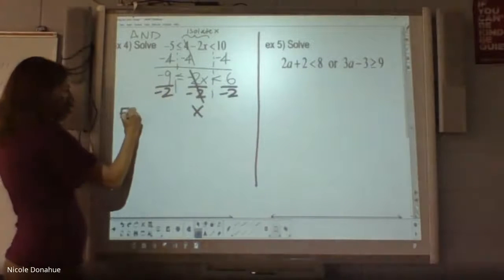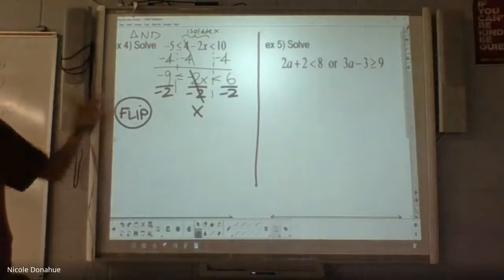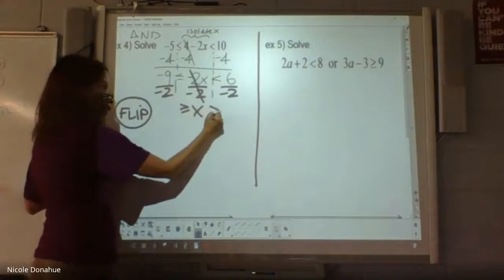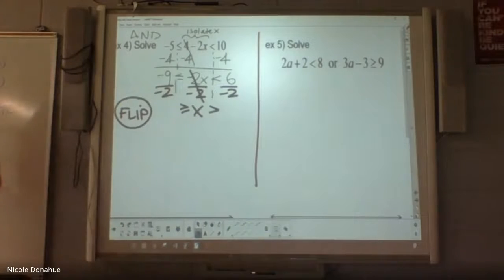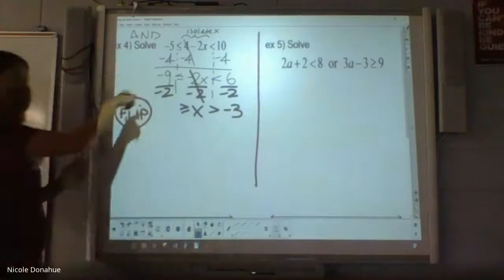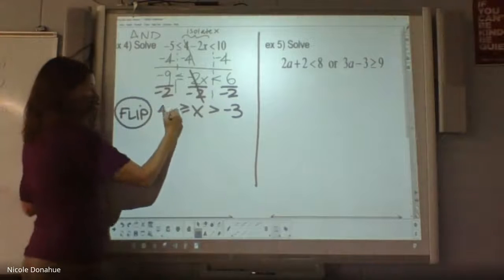I'm going to write myself a little note, because I have to flip the inequality because I divided by a negative. So this one flips, and this one flips. 6 divided by negative 2 is negative 3. Negative 9 divided by negative 2 is positive 9/2 or positive 4.5.